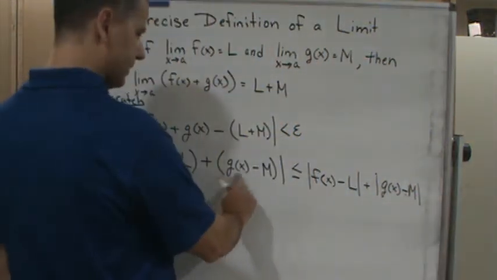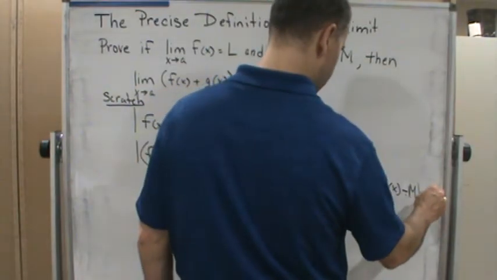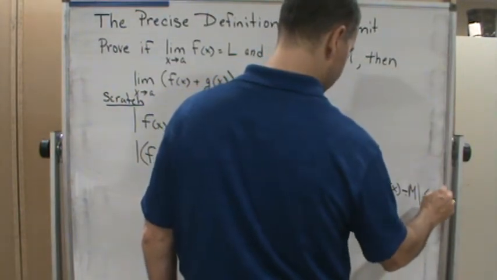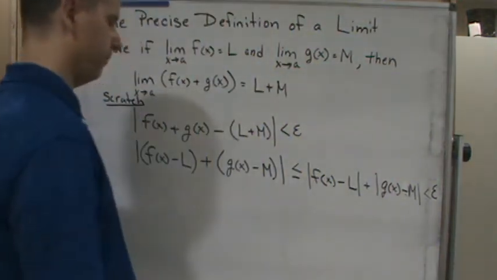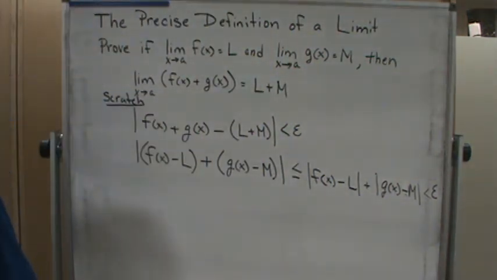We know this is less than or equal to this, which is then going to be less than epsilon.